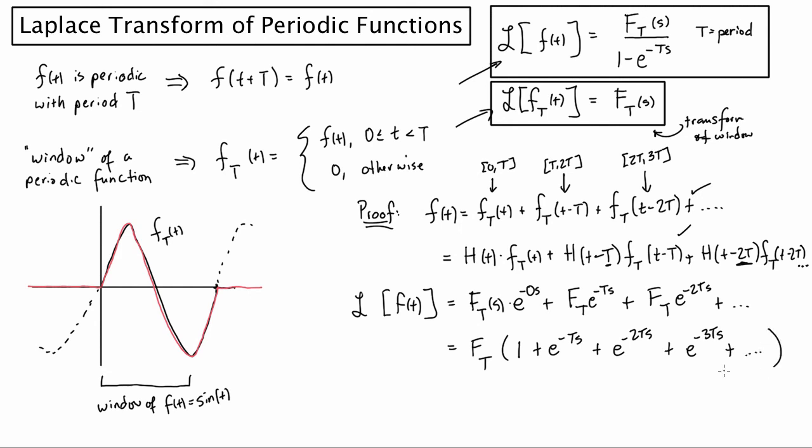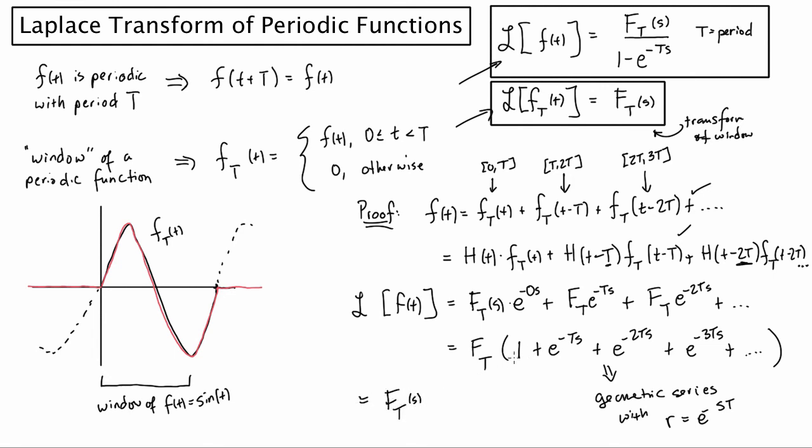And what you hopefully notice is that this is a geometric series with r equal to e to the minus Ts. This is e to the minus Ts to the 1, this is e to the minus Ts squared, e to the minus Ts cubed. So it is indeed a geometric series, which we have a nice sum formula for.